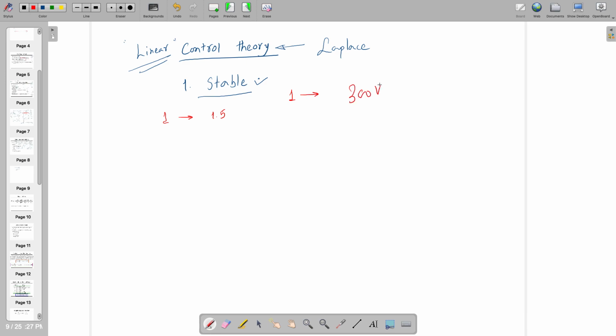This is finite, right? I'm writing finite numbers. For a small change in input, there should be a proportional change in the output. Okay. So if my input is like this and the proportional change is the incremental one, so something like this.